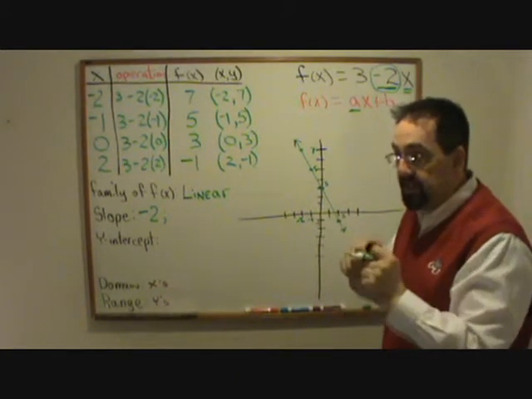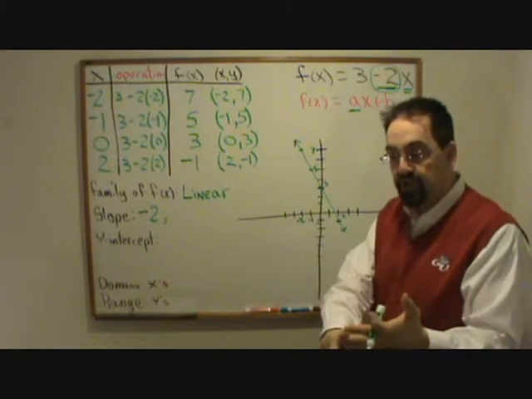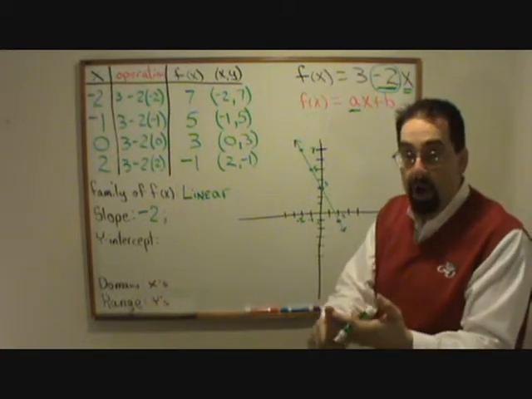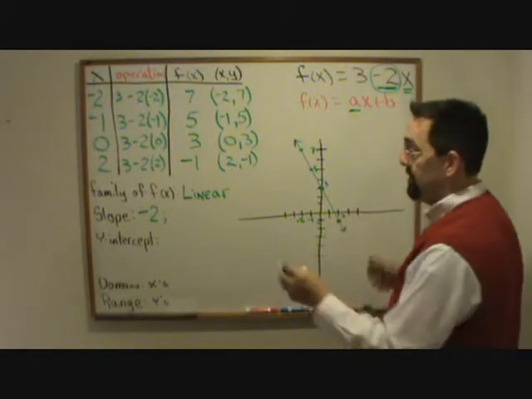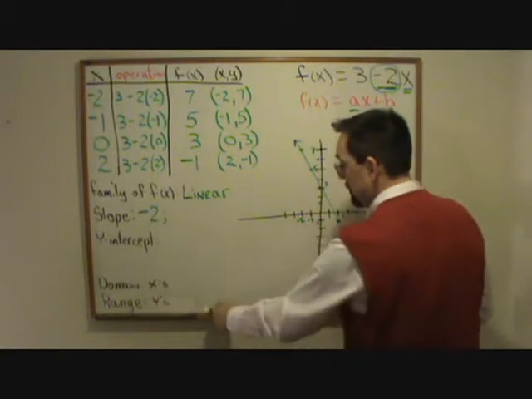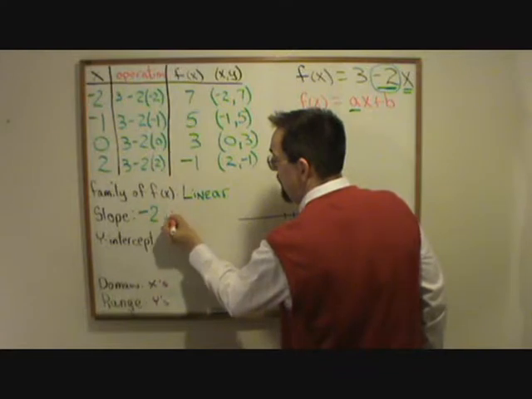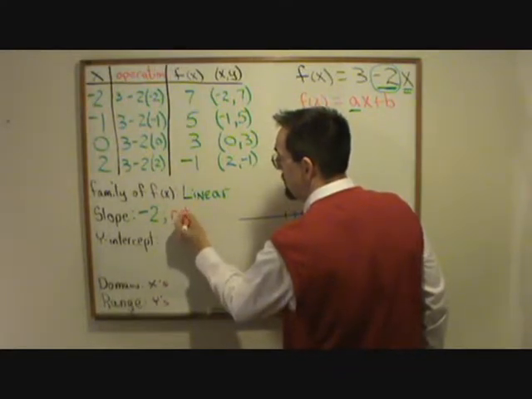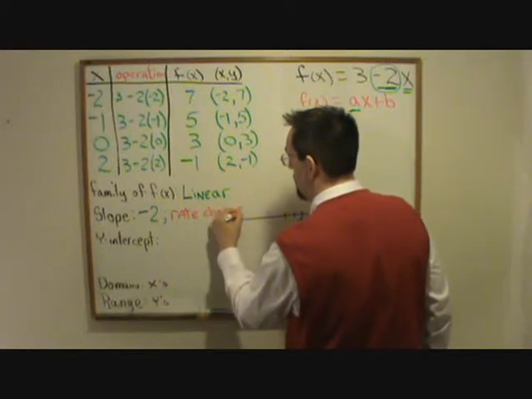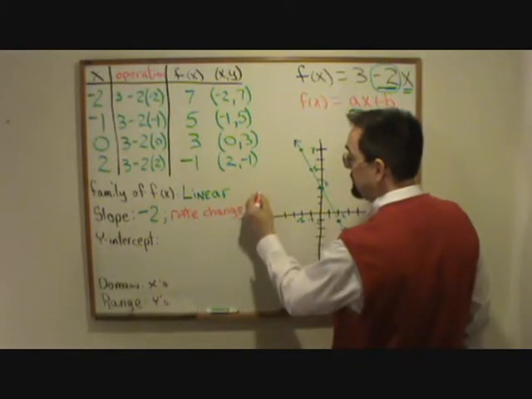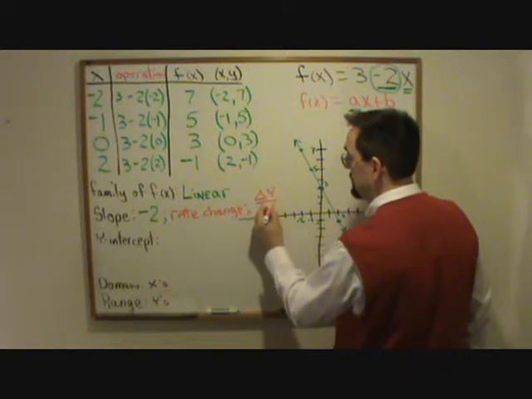I want to spend a minute and talk about slope and what that means, because in the lessons coming up, we're going to see slope, rate of change, the change in y divided by the change in x. We're going to see a lot of that. So let's spend a moment here and talk about it. The slope of this line, we can write that as the rate of change, or as the change in y over the change in x.